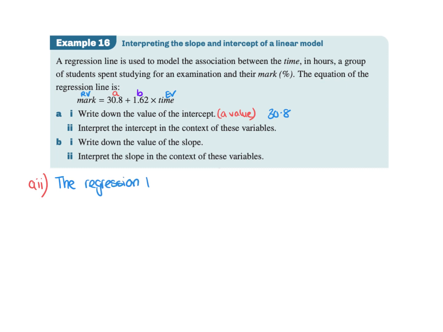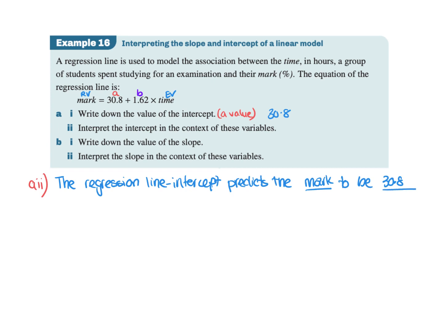The regression line intercept predicts... now I have to put the response variable, which in this case is the mark, to be 30.8, because that was what I have to put.